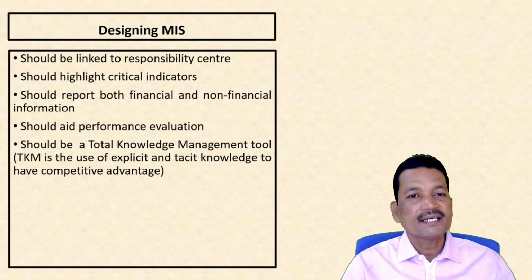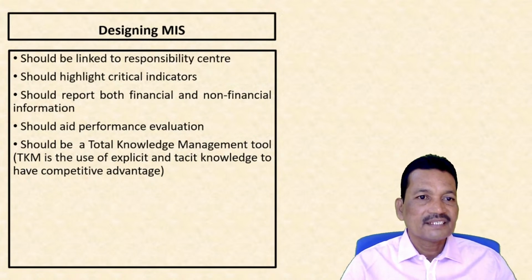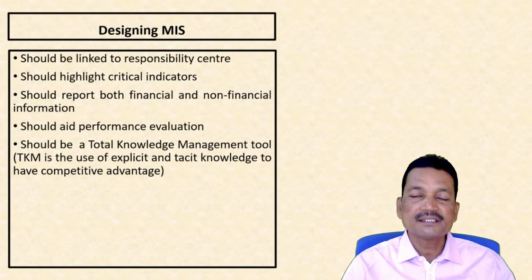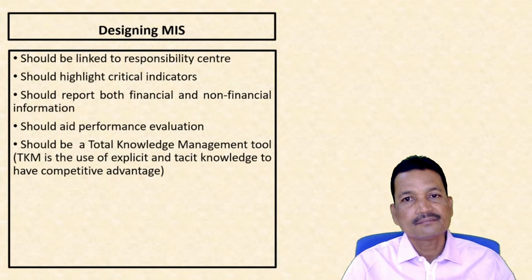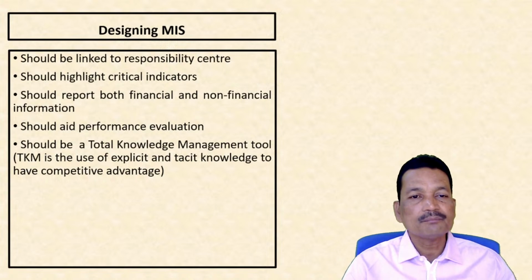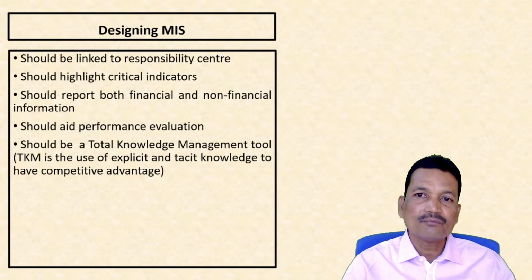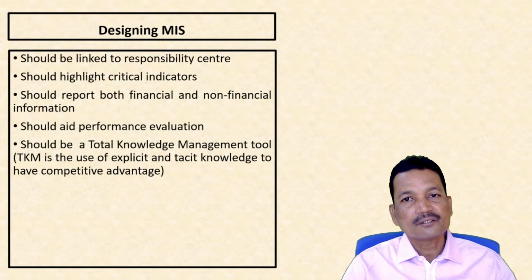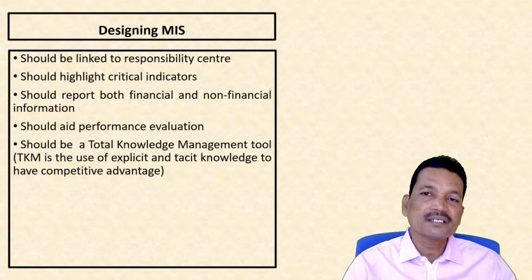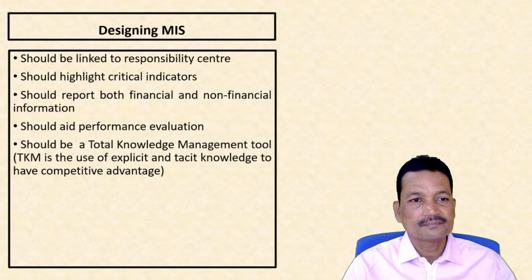How can we design MIS? It should be linked to responsibility centers. We have seen responsibility centers in unit 2 of this particular block. So the management information system should be according to the requirement of the responsibility center, be it cost center, revenue center, profit center, or investment center.